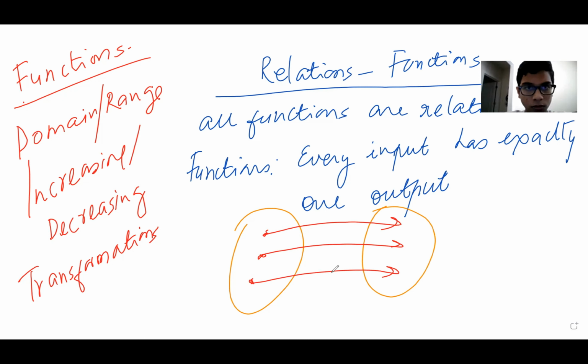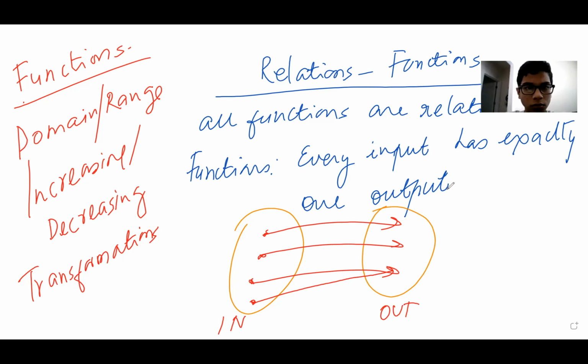An arrow showing that this is your input and that is your output. Now, if we have another element here, it could go to one element in the output domain also. But everything on the input side is uniquely associated with only one thing on the output side.